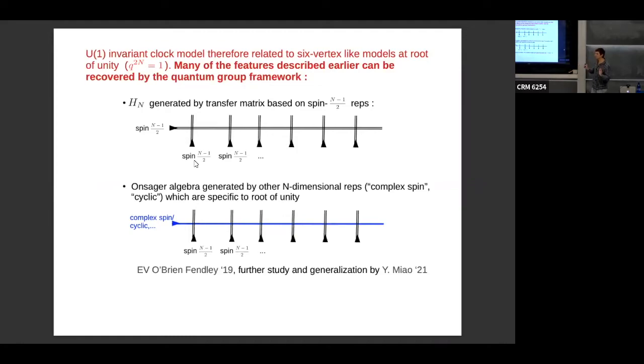For root of unity parameters, you have more complicated representations which have no correspondence in SL2, so they're not integer or half-integer representations. They're called complex spin representations, or cyclic or semi-cyclic representations. You have different types of them, and at root of unity we can use these representations to build transfer matrices which again commute with Hn, and we can show that these indeed generate the Onsager algebra. So it's all kind of consistent.